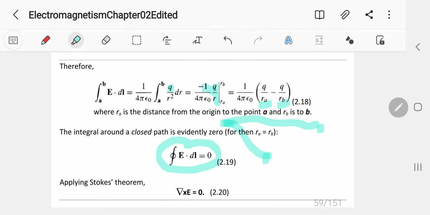So if you're on the surface of a sphere, you're always at the same distance from the origin. If the origin is at the center of the sphere, the line integral of the electric field would always be 0 on the surface.